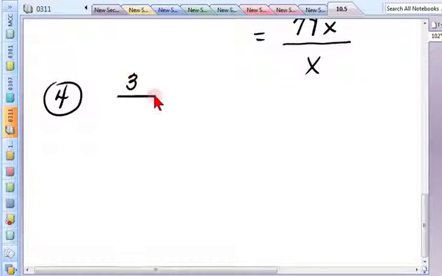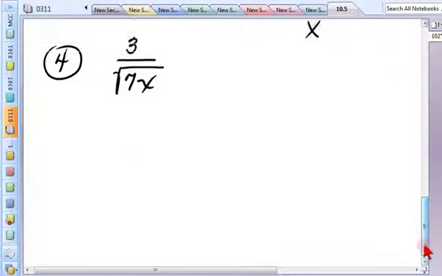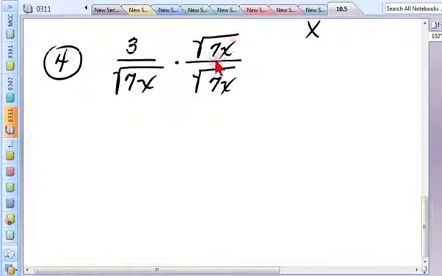We have 3 over the square root of 7x. Can you simplify anything before we get started? No. All right, then I'm going to rationalize the denominator by multiplying by the number 1 in whatever form you tell me. The square root of 7x over the square root of 7x.